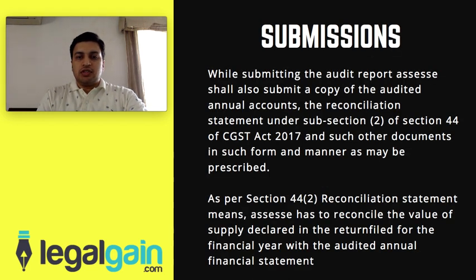Now, what are the submissions? While submitting the audit report, the SSE shall also submit a copy of audited financial accounts. The reconciliation statement is also to be submitted along with the audited financial accounts.